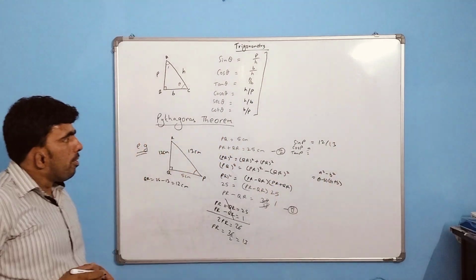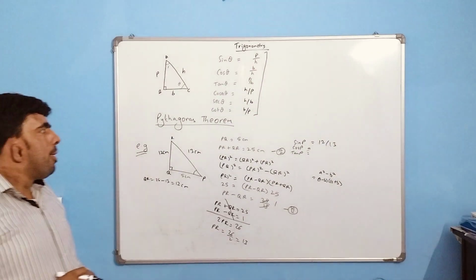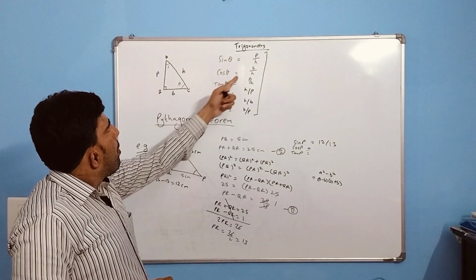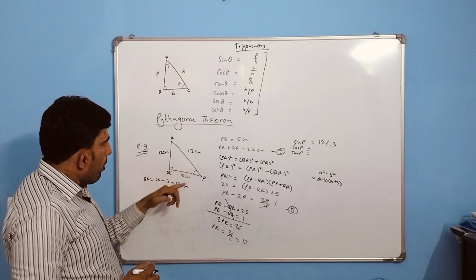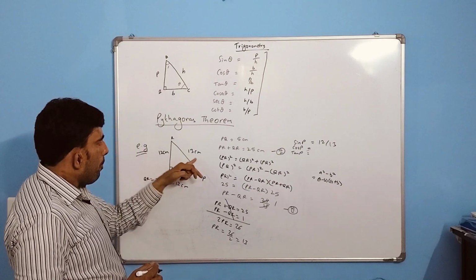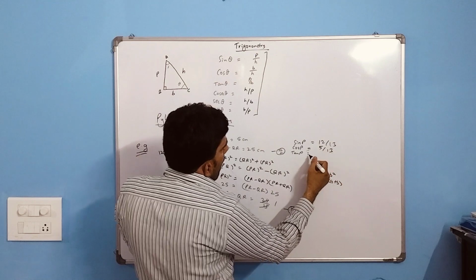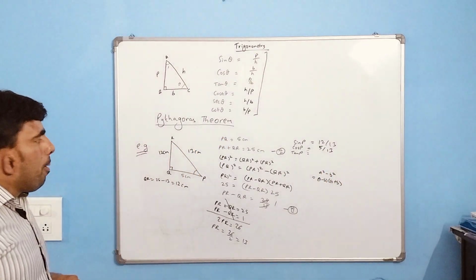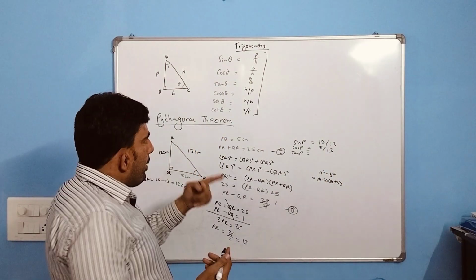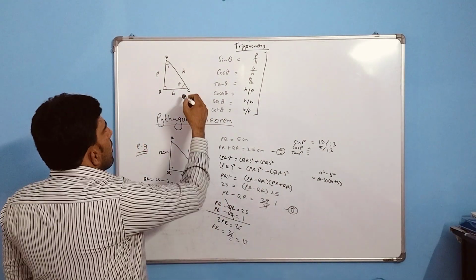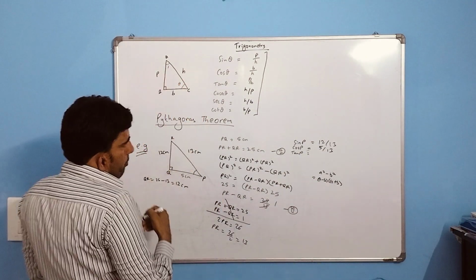Cos P is B upon h, base upon hypotenuse, so 5 upon 13. And tan P is P upon b, perpendicular upon base, so 12 upon 5.